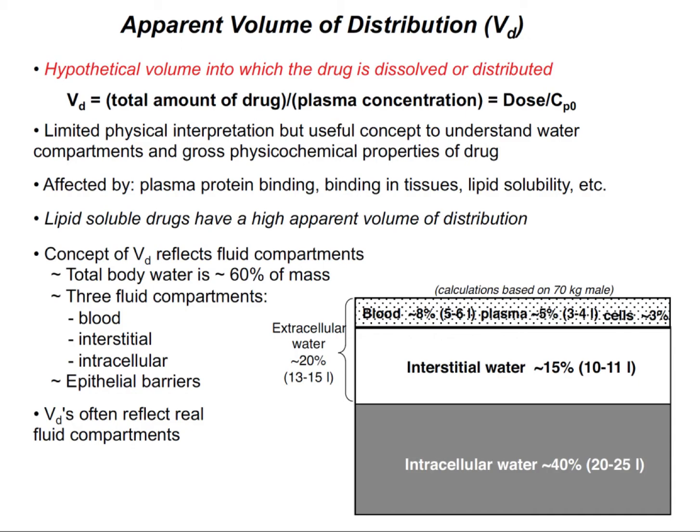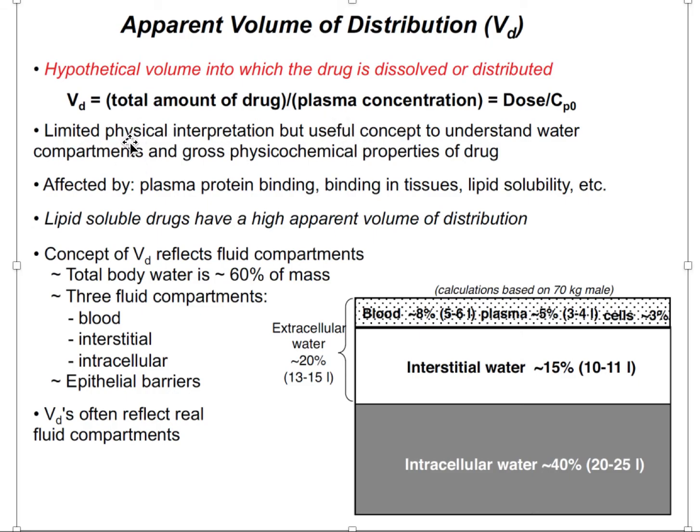And so here's what they're trying to do: they're thinking about the drug getting into a water compartment from the plasma, and basically how much water the body would need to have in order to get the drug absorbed. And that's going to tell you basically about the dose of drug that you need.